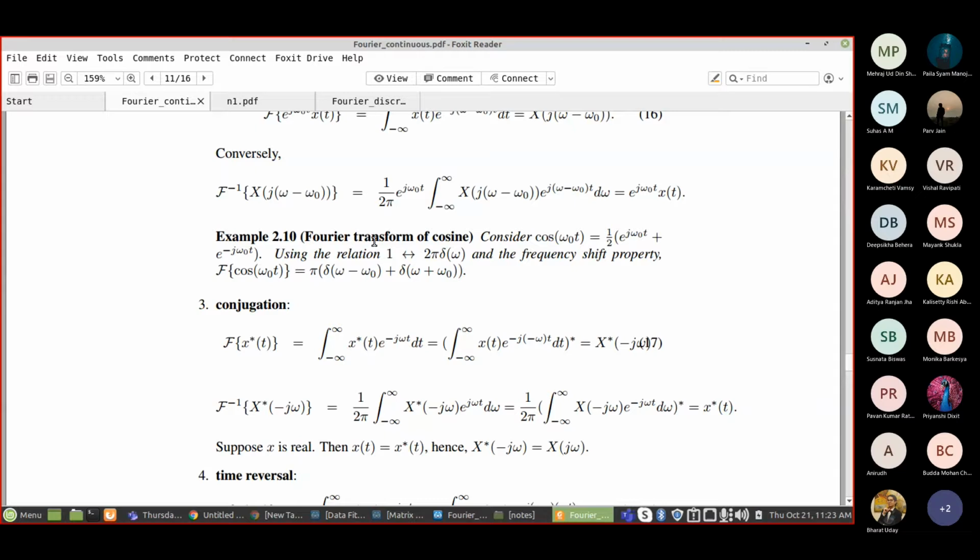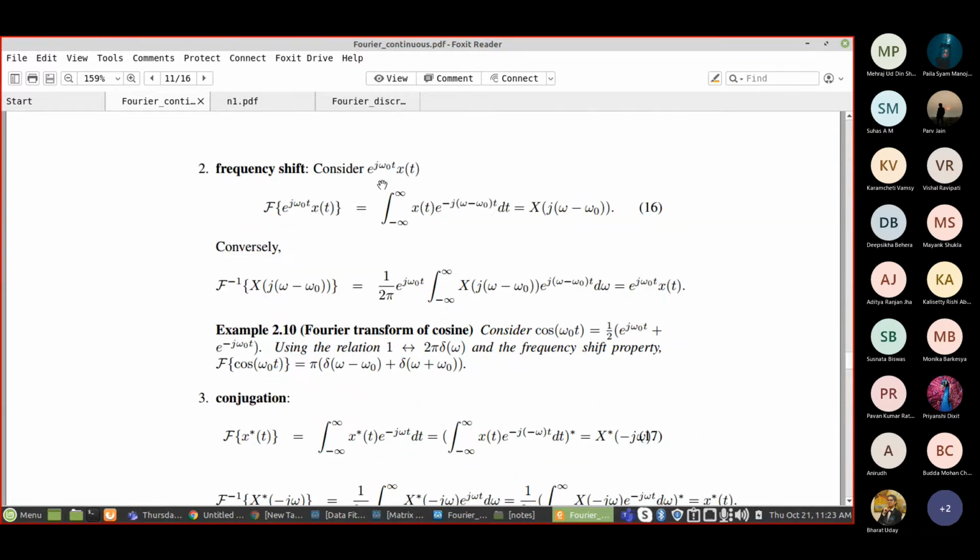So let's make note of this. What is the Fourier transform of cosine function? Similarly, you can obtain an expression for Fourier transform of sine function. Cosine is half of sum of these exponentials, and we know this frequency shift property now, and using that, this is the Fourier transform of cos function.